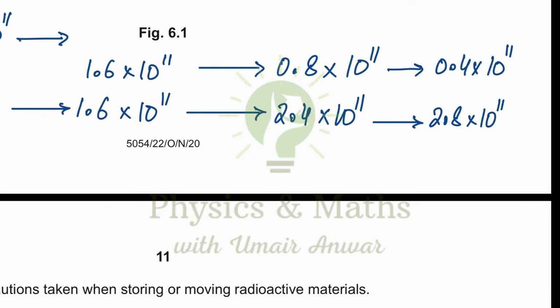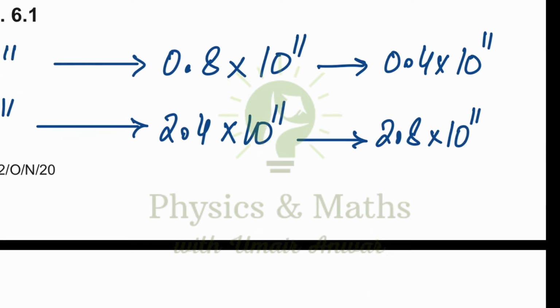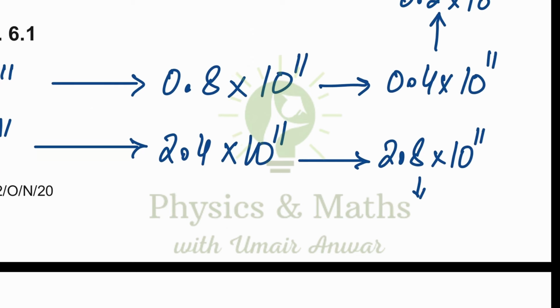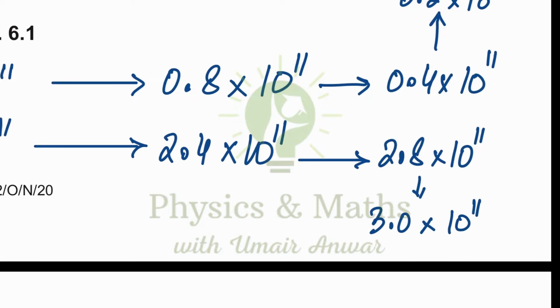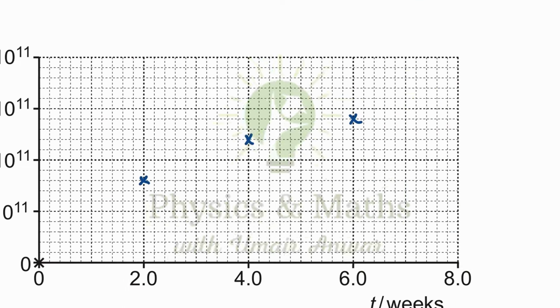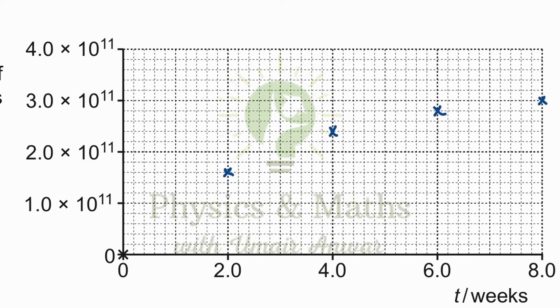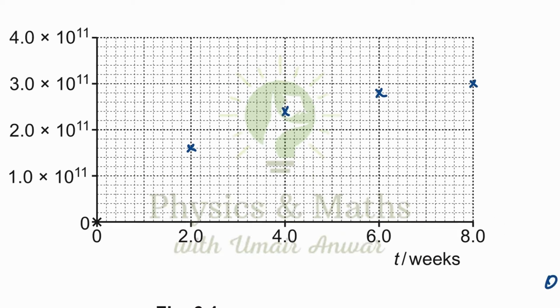And after 8 weeks, finally, this would further decrease and become half. So it becomes 0.2 into 10 raised to 11. And this would increase by the same quantity. So it would become 3.0 into 10 raised to 11. So for sulfur, after 8 weeks, the point would be marked at 3.0 into 10 raised to 11.